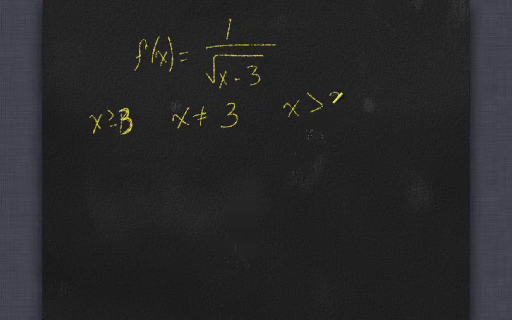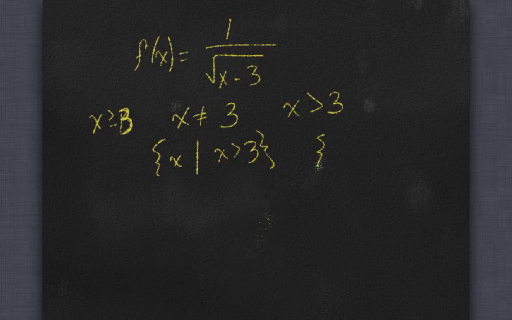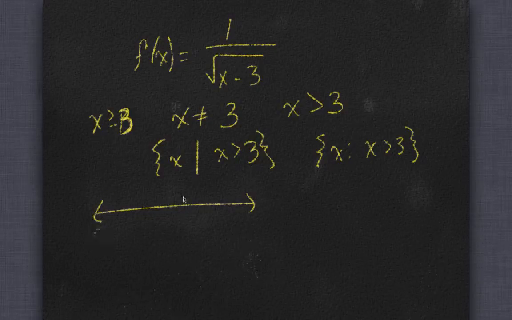So I need x to be bigger than 3. So the statement in set builder notation would be x so that x is bigger than 3. On a number line, so parentheses, because I don't want to include it.